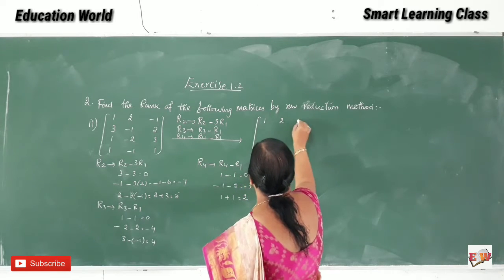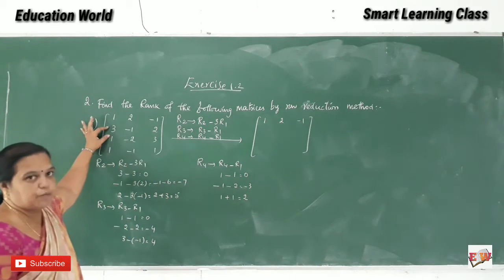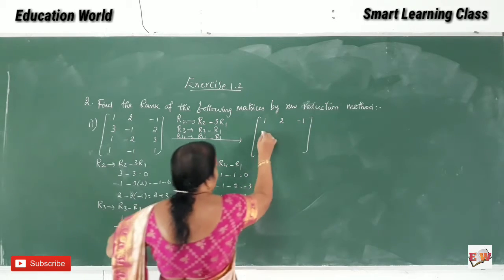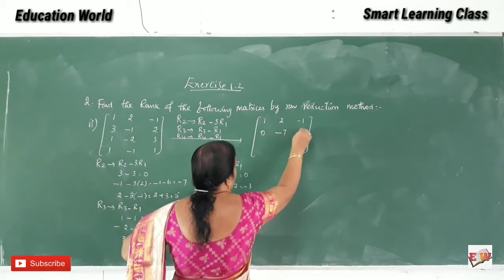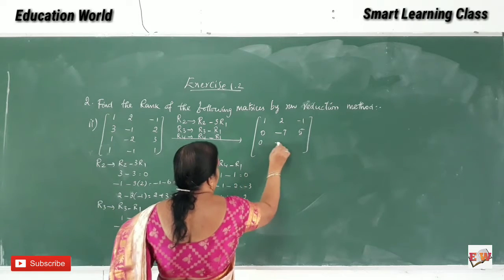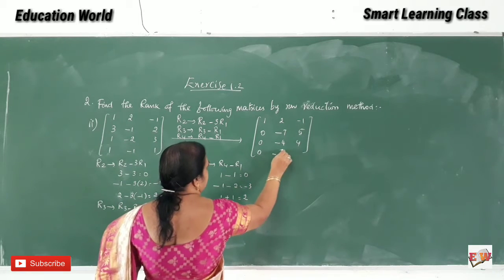First row we should write the same. Instead of the second row we have the transformed row 0, minus 7, 5. For the third row, 0, minus 4, 4. For the fourth row, 0, minus 3, 2.